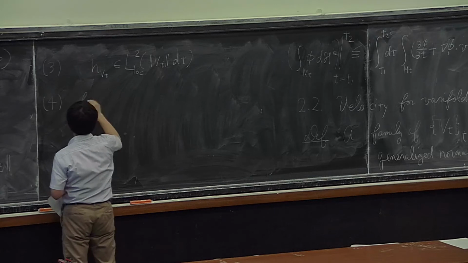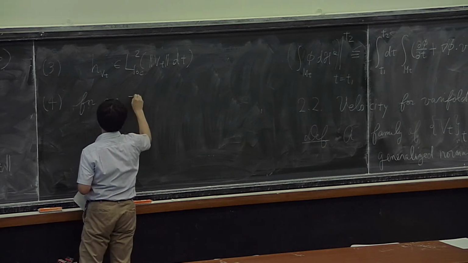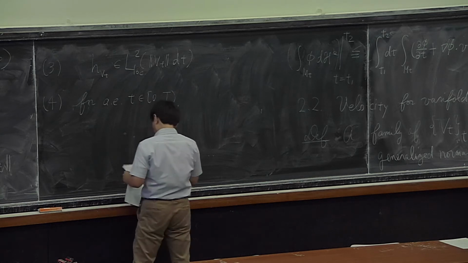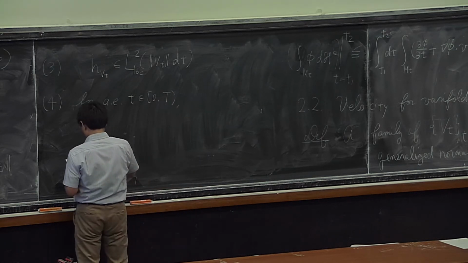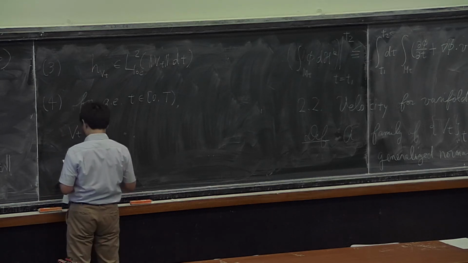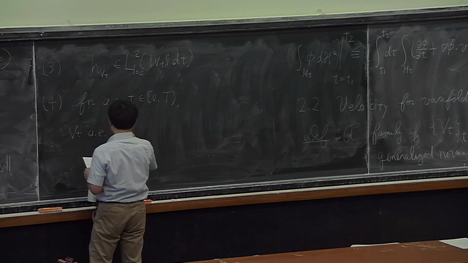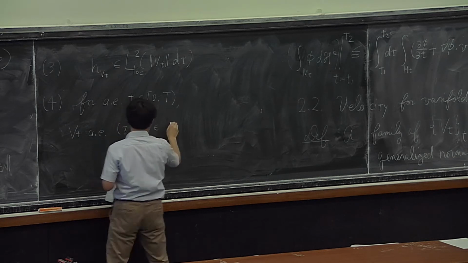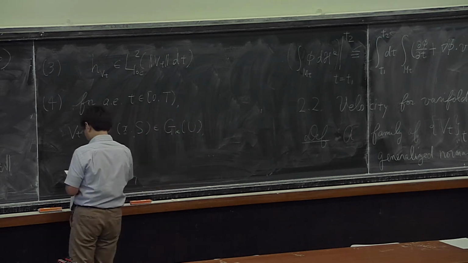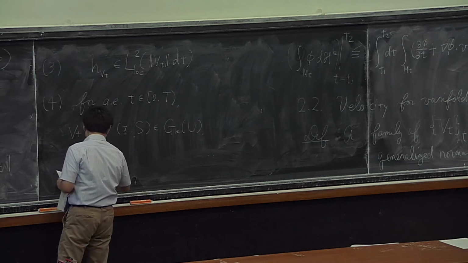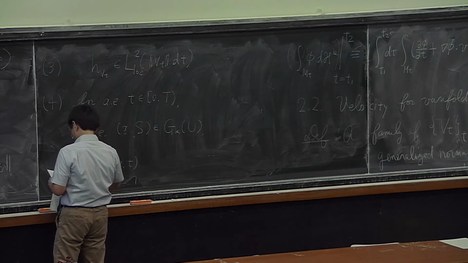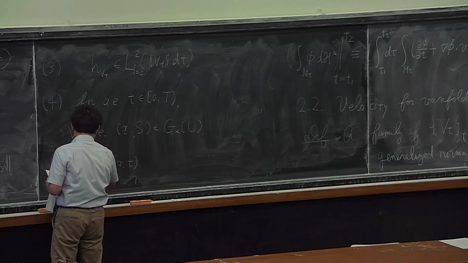So for almost all time, and Vt almost everywhere, I want this v to be normal. v of x, t, I want this to be normal to the tangent somehow.